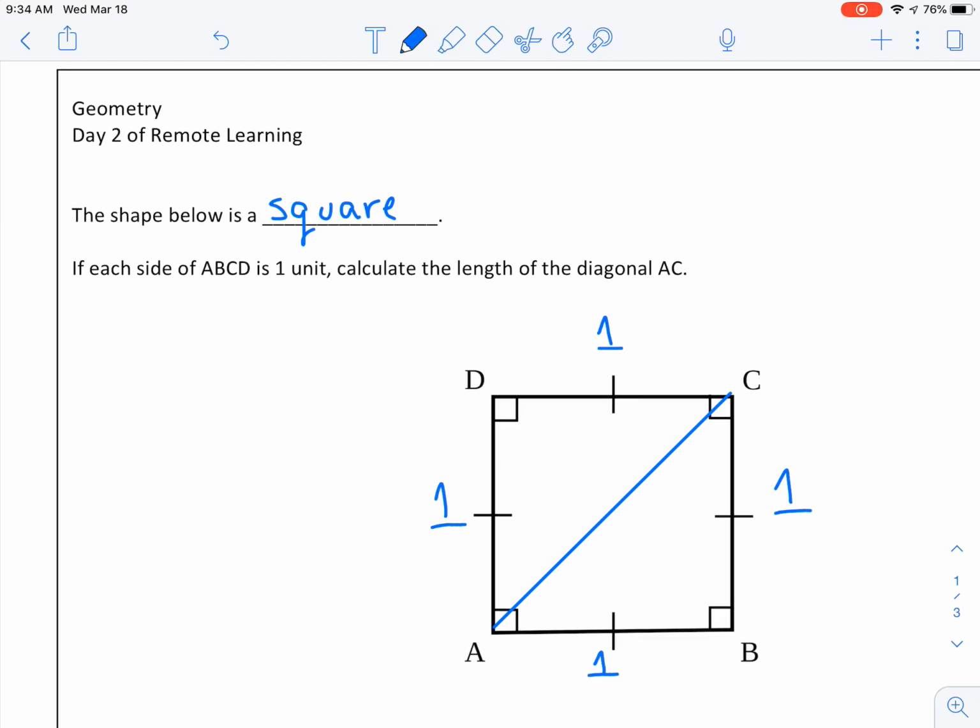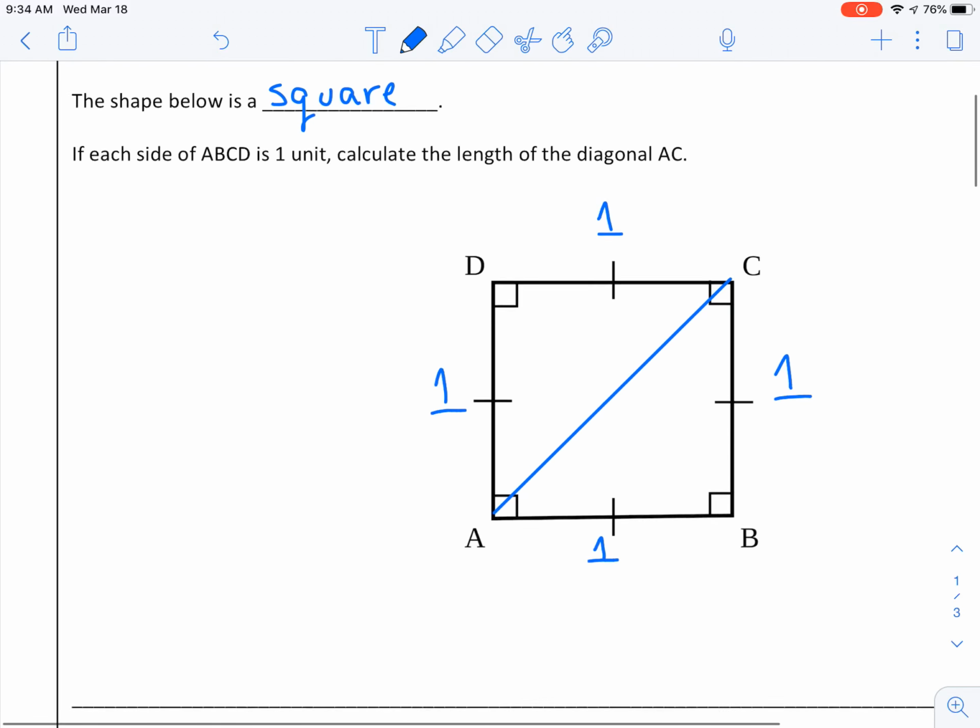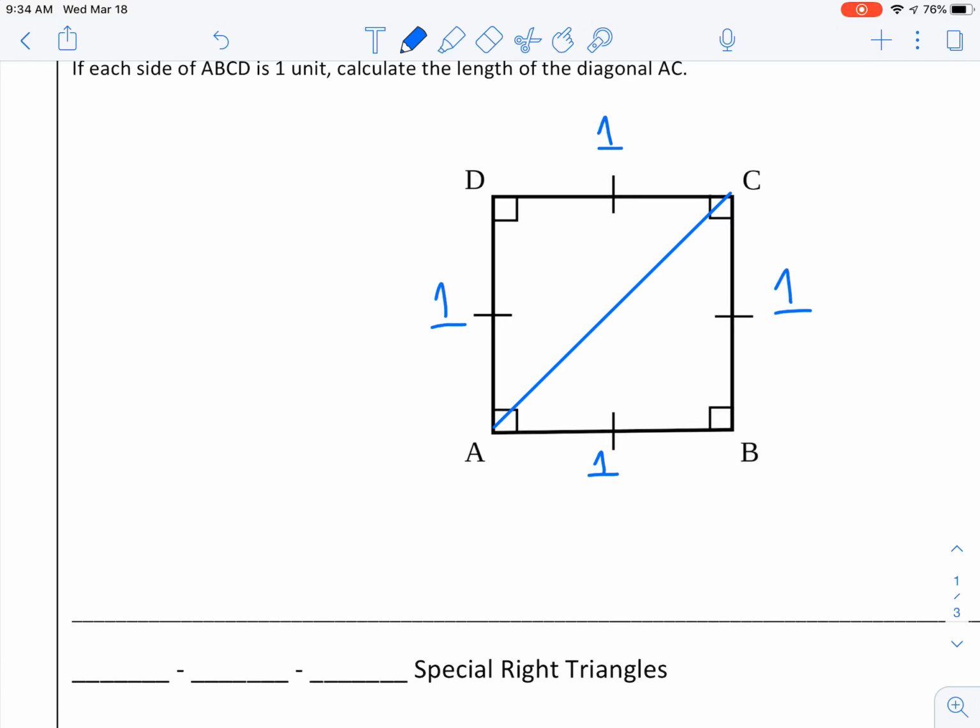I want you to think for a second how I can find the length of AC. Hopefully you're thinking to yourself, well, right here I have a right triangle and you know 2 side lengths and you want to know the third.